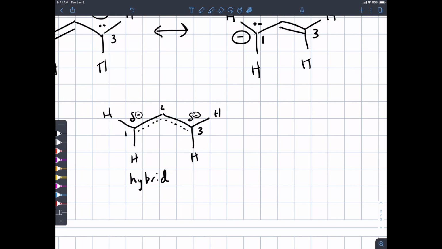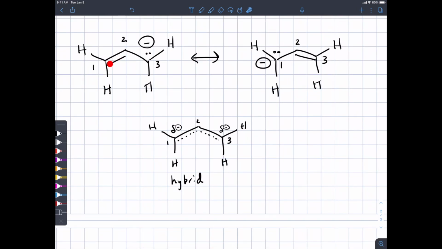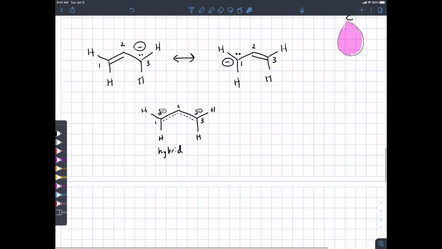But when resonance occurs, we'll want to use a molecular orbital theory approach to deal with the pi bonds and the lone pairs that are changing from one resonance structure to the other.